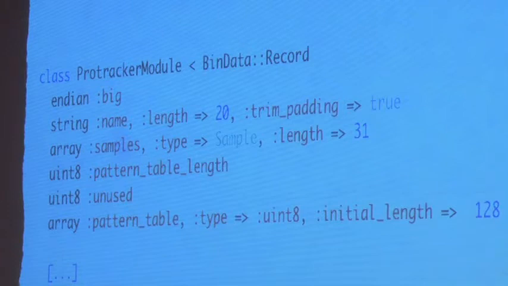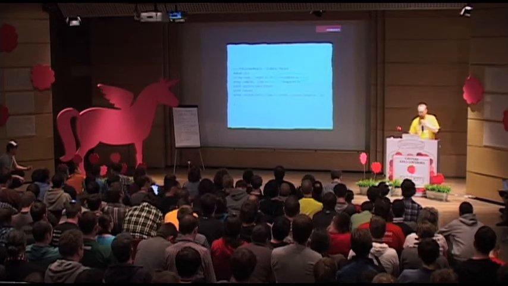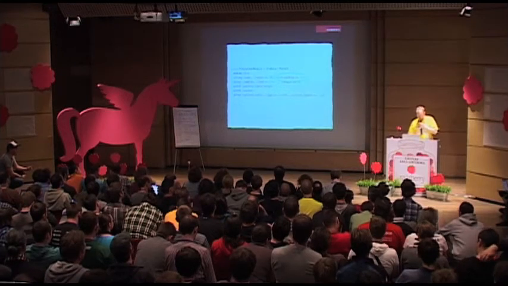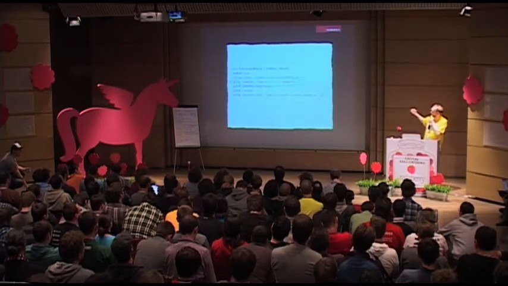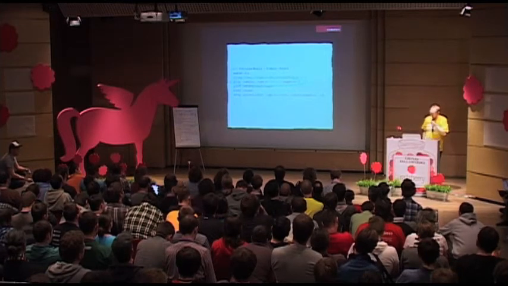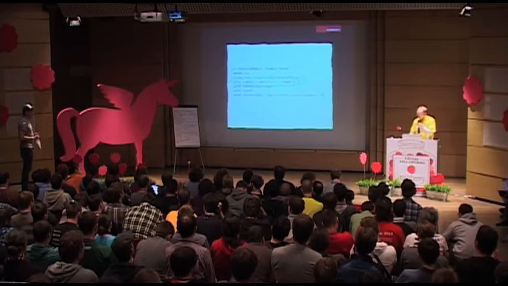First of all, you have this BinData record, and you build your classes on that, and then you have the endianness, and then you have something like trim padding. If there's a string, it strips off the extra bytes after the 0 bytes. Then you can define subtypes, which are also BinData records, and you can do an array of them, and you can give them a length.